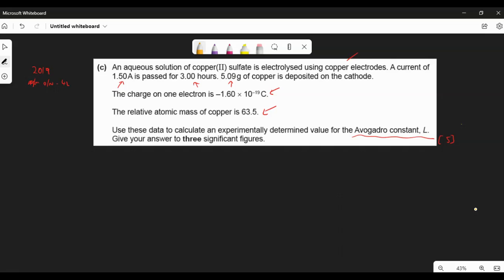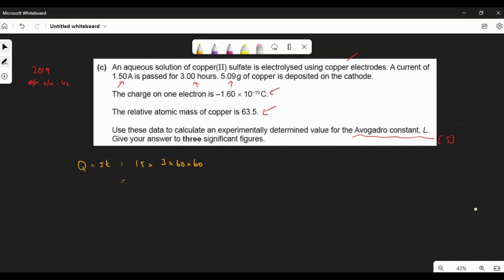Okay, so let's go. First of all, what's the charge passed? Q is equal to IT. I is 1.5 times T. T is 3 hours times 60 minutes times 60 seconds. Obviously I haven't got my calculator, so let's see if I can use this one. It's an Apple calculator, so it's taking me forever to find it.